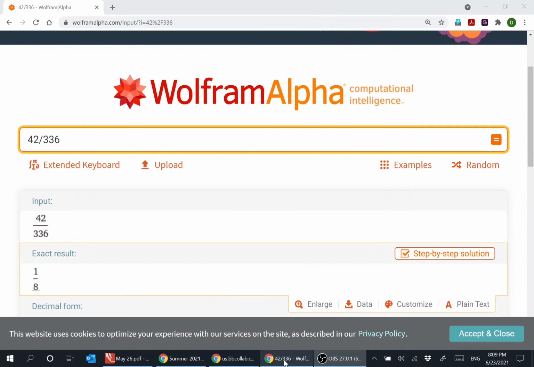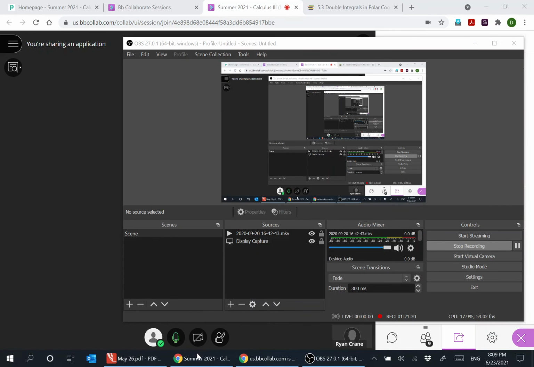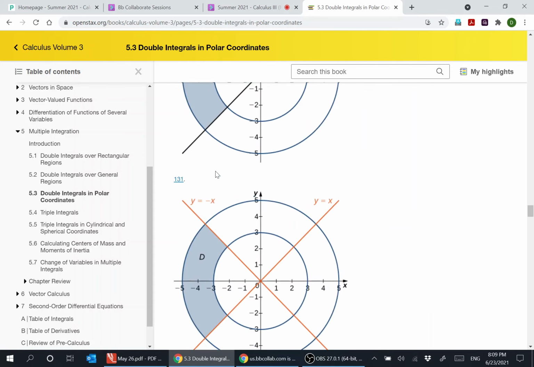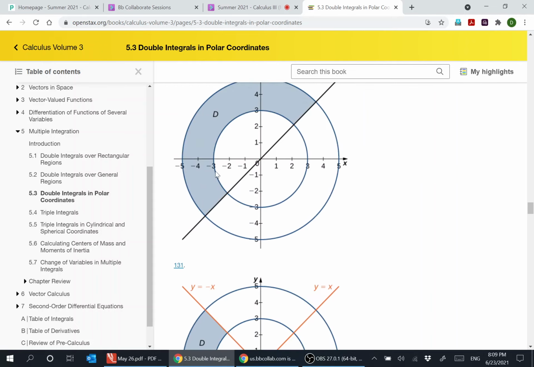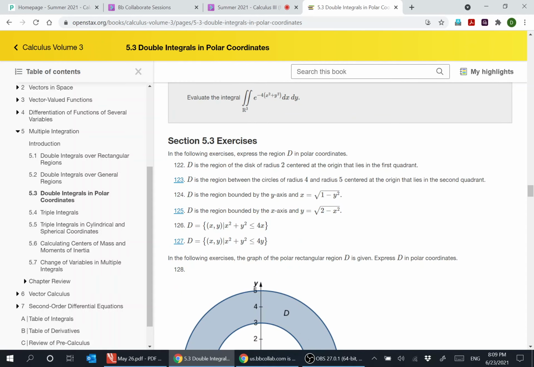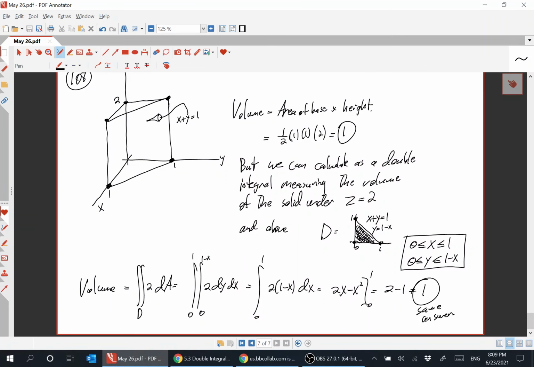So section 5.3, number 122. Express the region D in polar coordinates.